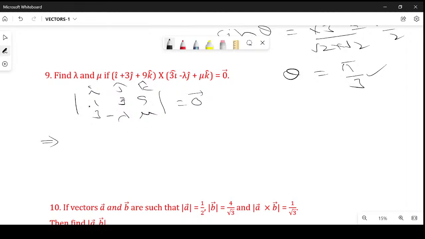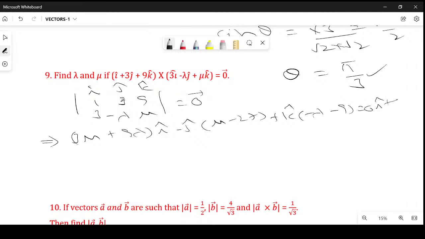Now if I simplify this: i cap into 3 mu plus 9 lambda, minus j cap into mu minus 27, plus k cap into minus lambda minus 9, which is equal to the right side 0 bar, I can write 0 i cap plus 0 j cap plus 0 k cap.